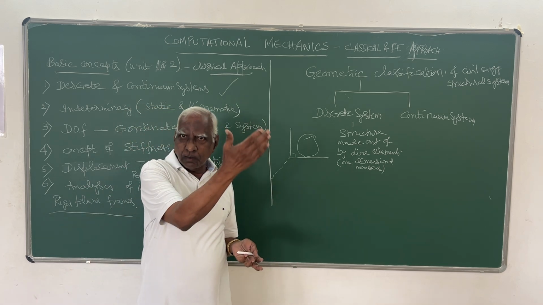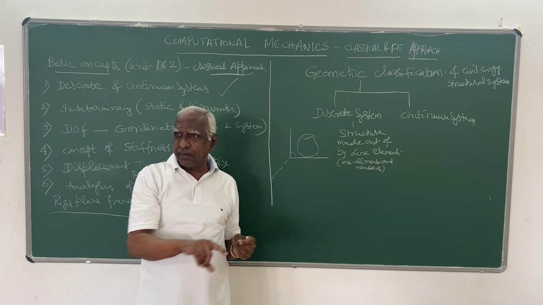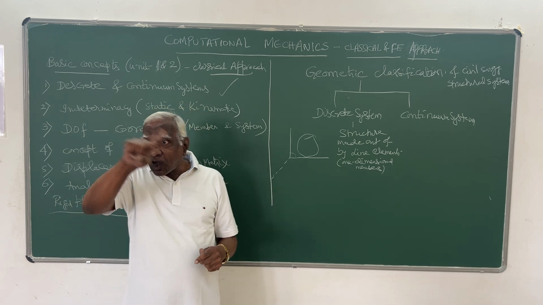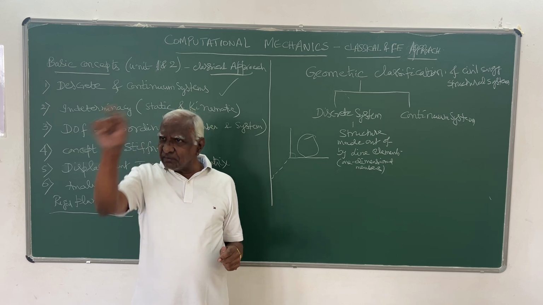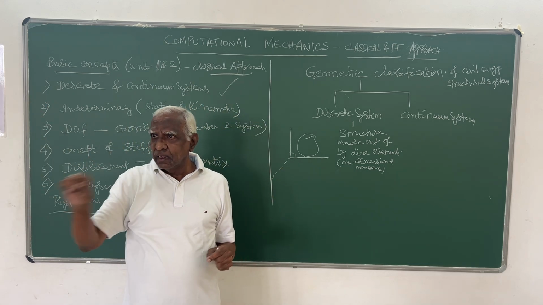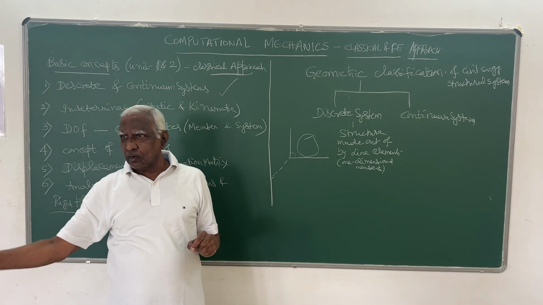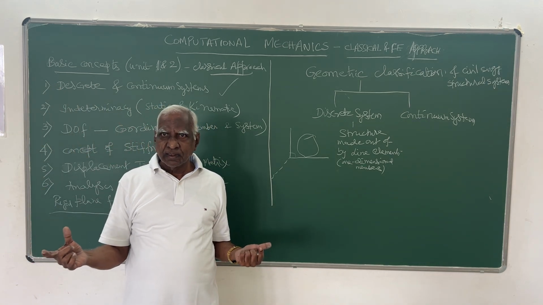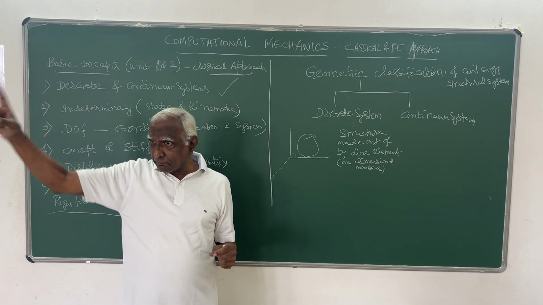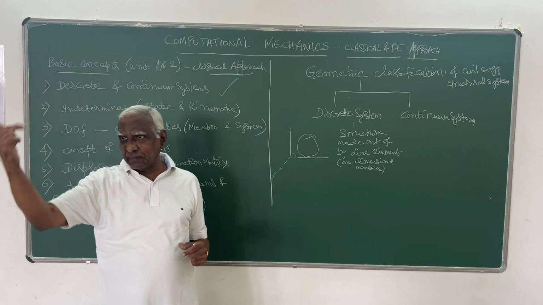Examples are your columns, beams, a frame consisting of columns and beams together, or an arch, which is curved in shape, but again one dimension is large. In this frame, if you take the beam and column, both these members consist of members where one dimension is large when compared to the other dimensions.